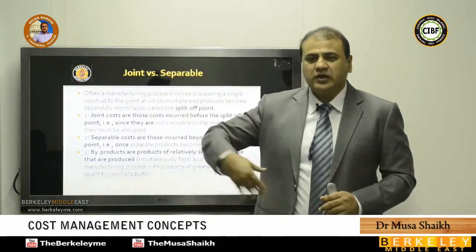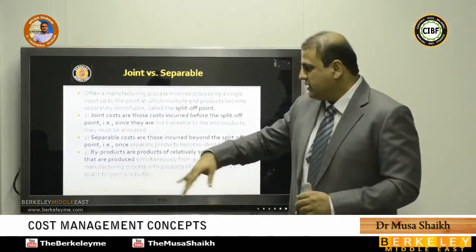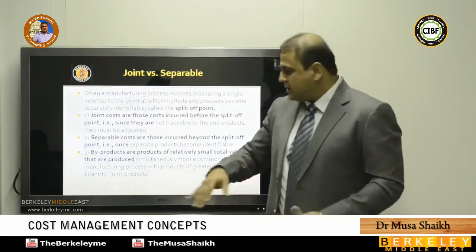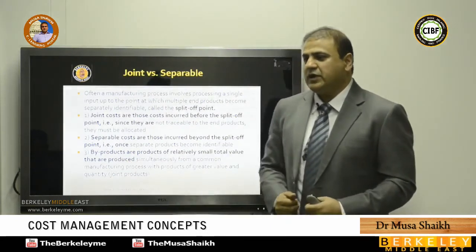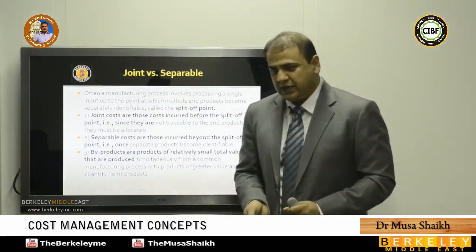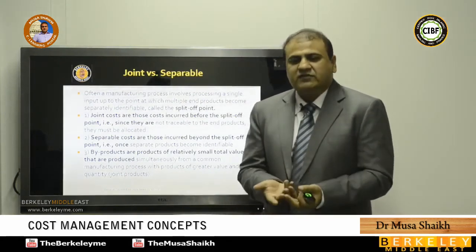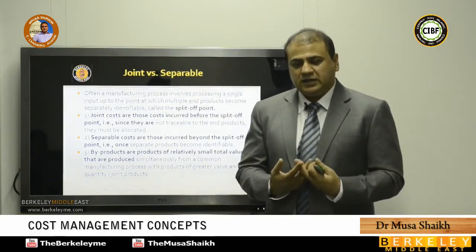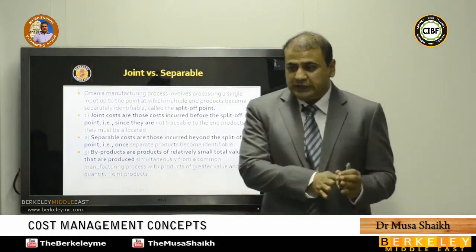So this is all joint cost, common cost, right? At one stage it will become separable, and a byproduct is a product that is not our main product, but it arises from our main product. Like if you are making sugar from sugar cane.